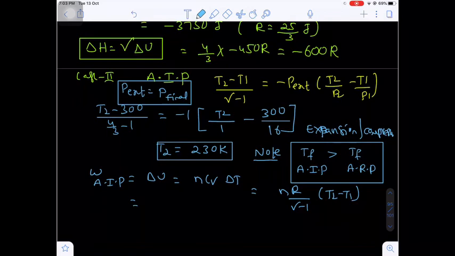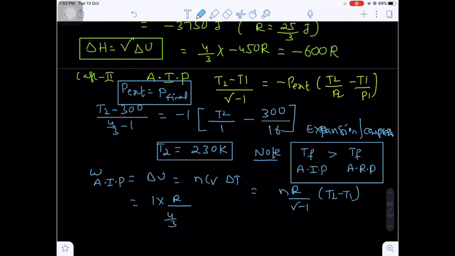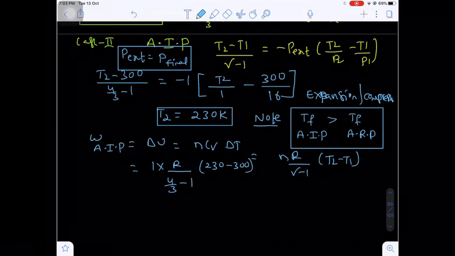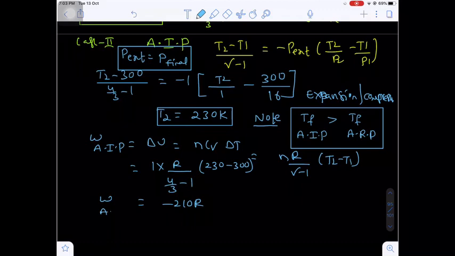Here N is constant, that is 1 mole, R as it is, gamma is 4 by 3, gamma minus 1, and the final temperature, which is the main important thing, will be 230, and the initial temperature will be minus 300. With the help of this, if you calculate the work done, it will be equal to minus 210 R. This is the work done in the adiabatic irreversible process.